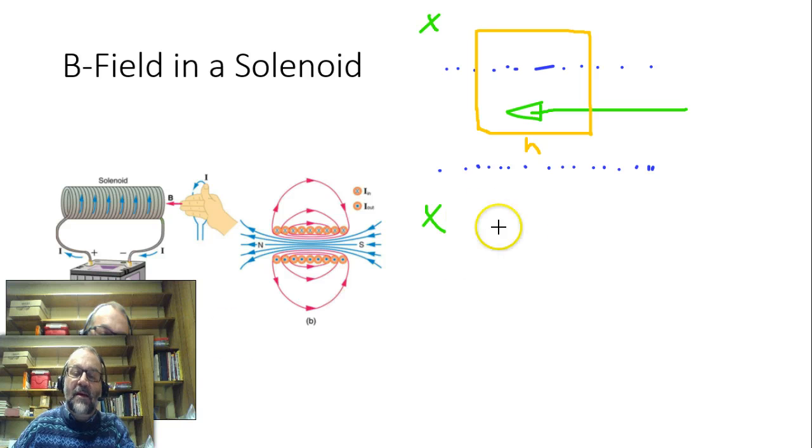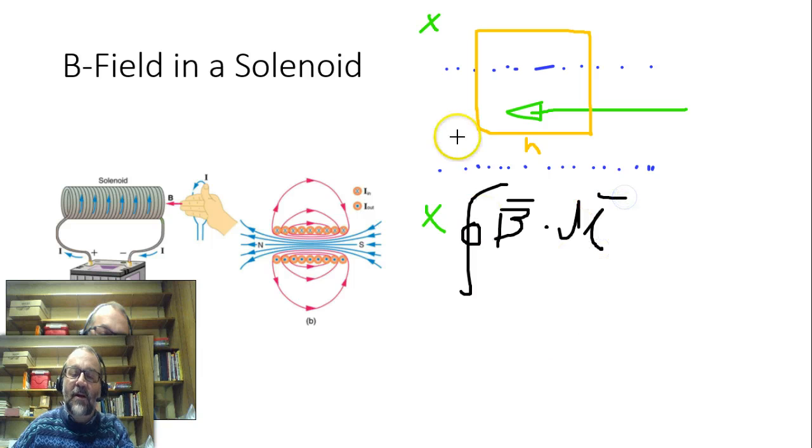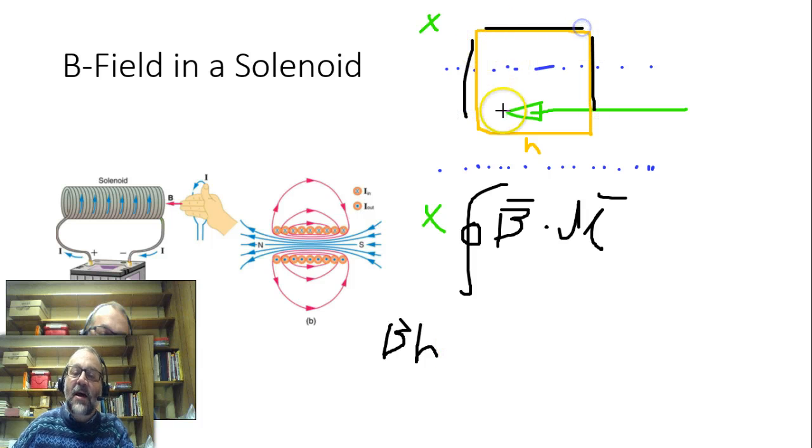So if we do this integral, B dot dl, across the bottom we get B h. On the vertical pieces, here and here, we get 0, because there we're going perpendicular to the B field, and B dot dl is 0. And across the top, there's no B field, so that's 0. So that equals mu naught times the current flowing through here.